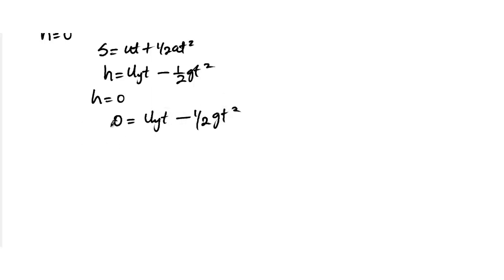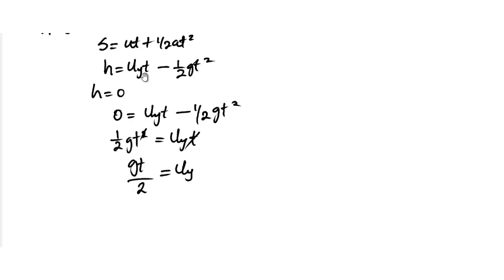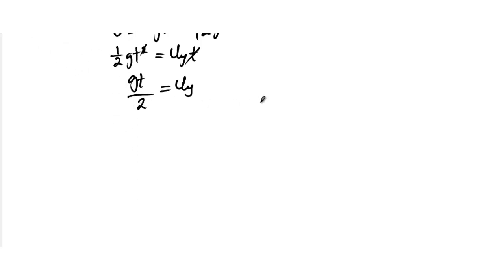So I can say that half g t squared is equal to u_y t. The t cancels one t because this is t squared, so we can say that g t over 2 is equal to u_y. And don't forget that u_y is u sine theta.